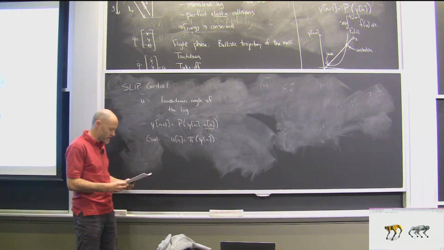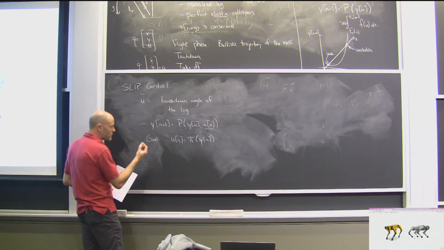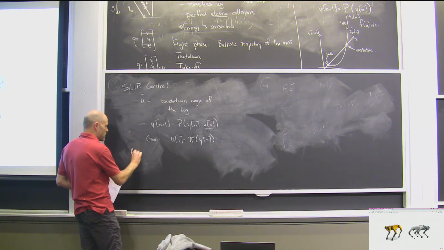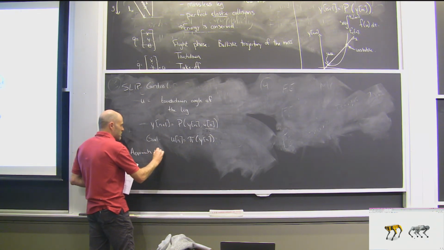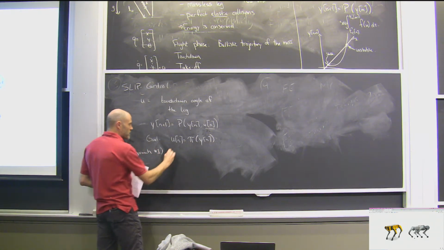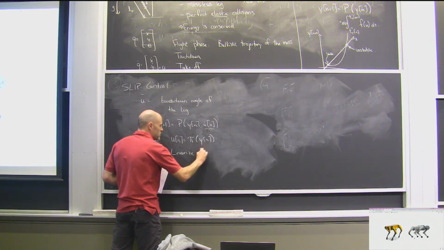But it does lift this problem; it's not a trajectory over time. This is once per step. There's a couple of natural ways that you could do this, right? So here's a reasonable approach. We could linearize P, right?